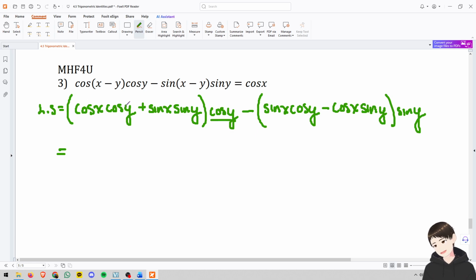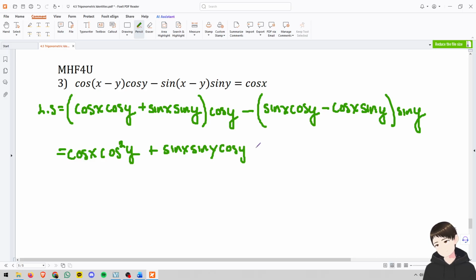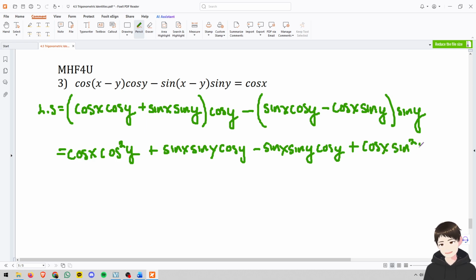Cos y distributing into this bracket gives you, and I'm sorry for the shorthand, cos x cos squared y, plus sine x sine y cos y, minus, again, multiplying sine y: sine x sine y cos y, and then multiplying sine y in there, a negative in front, that's a plus, cos x sine squared y.